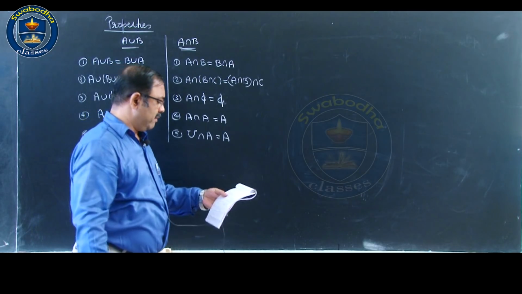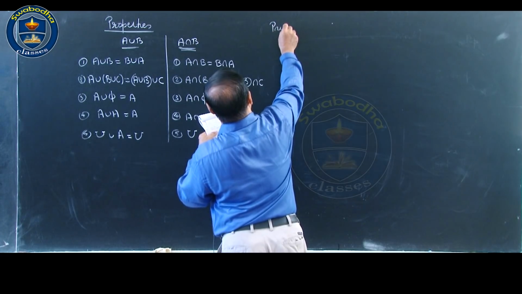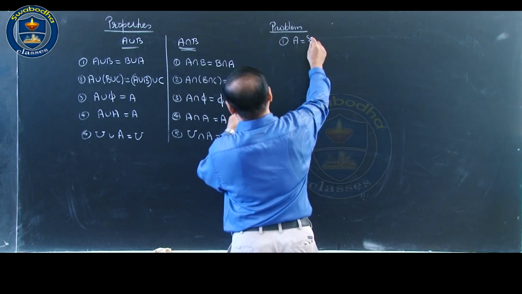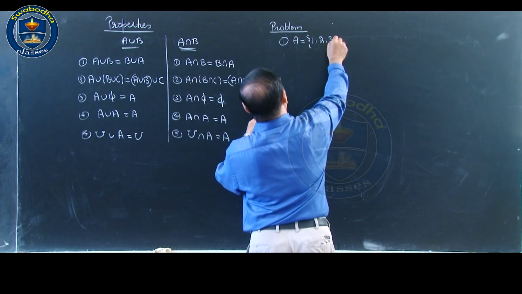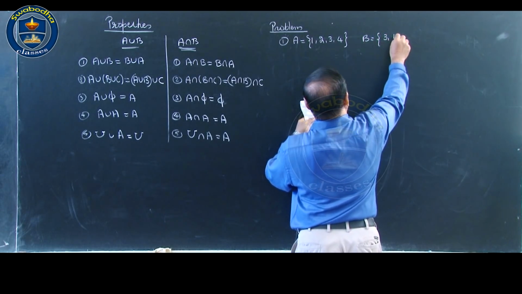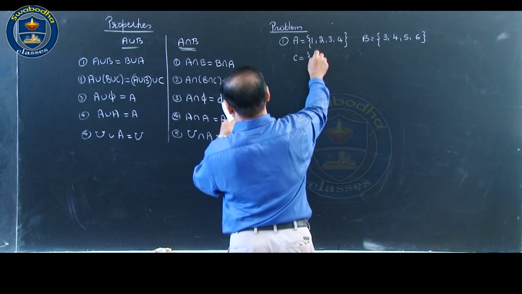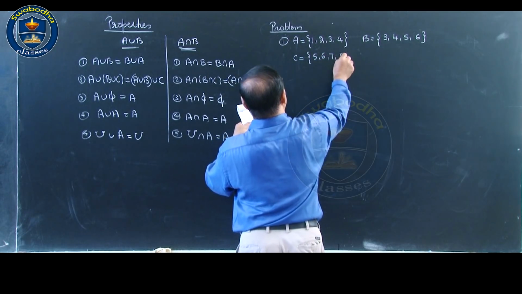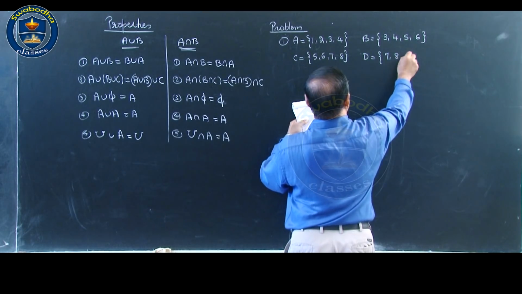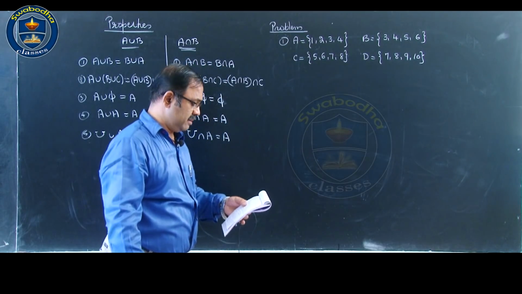Now, I will give you one example. Problem: A is equal to {1, 2, 3, 4}, B is equal to {3, 4, 5, 6}, and C is equal to {5, 6, 7, 8}, D is equal to {7, 8, 9, 10}.